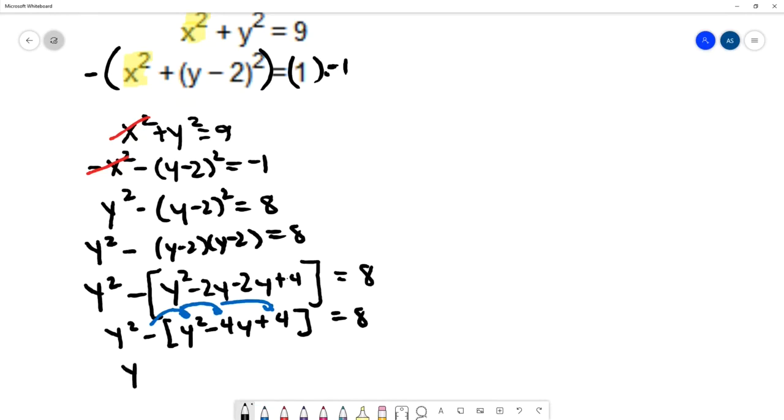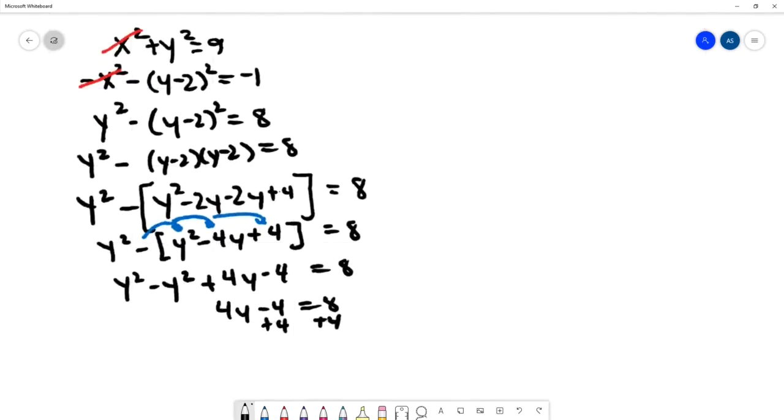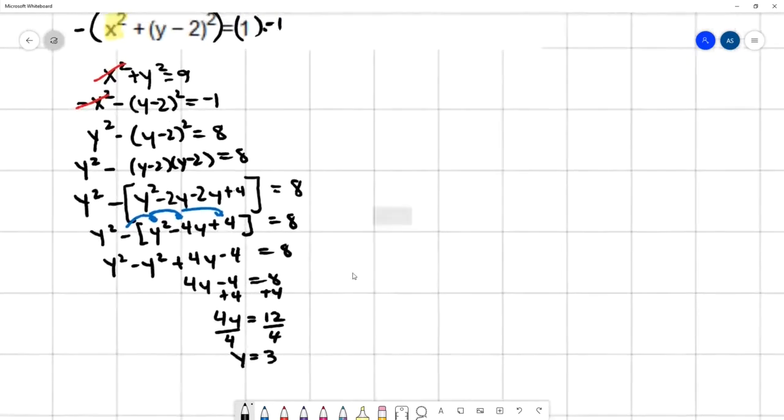We have y squared minus y squared plus 4y minus 4 equals 8. y squared minus y squared is 0. And I have 4y minus 4 equals 8. I'm going to add 4 to both sides. That gives 4y equals 12. Divide by 4, and we get y equals 3, just like we got in the previous method.